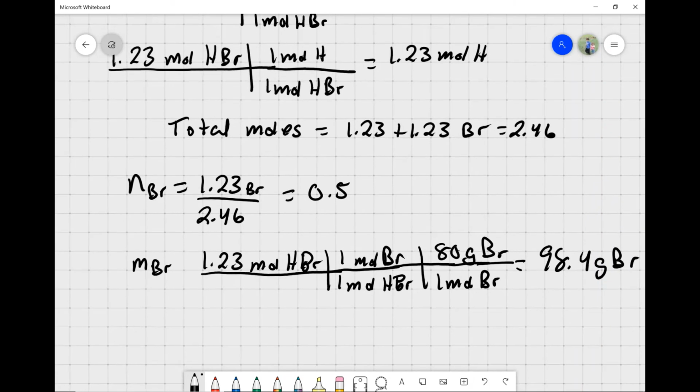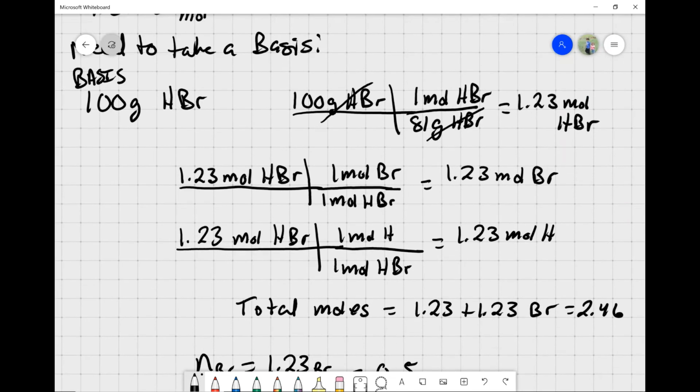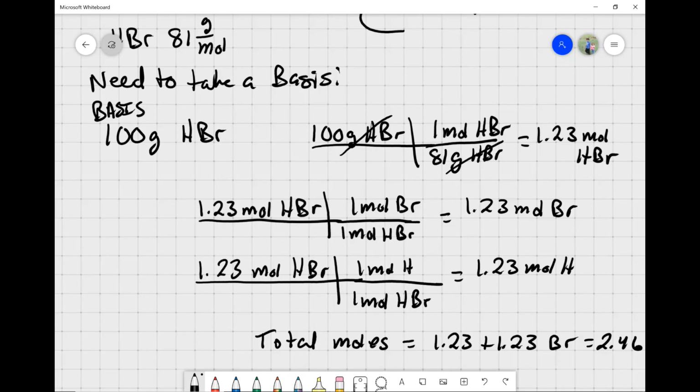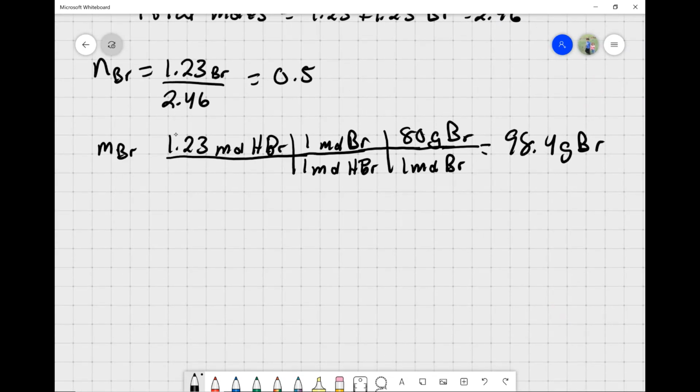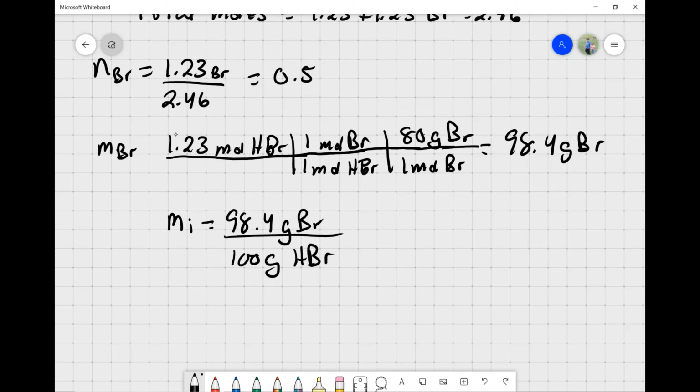Remember, our basis that we took was 100 grams of HBr, so that's our total mass. And so M i equals 98.4 over 100 grams in total.